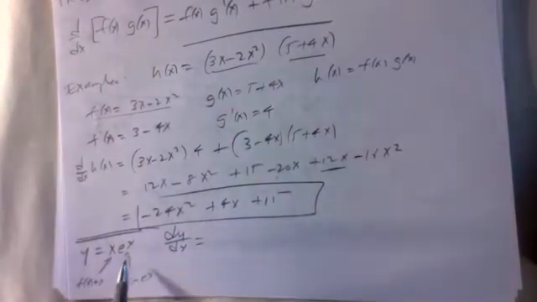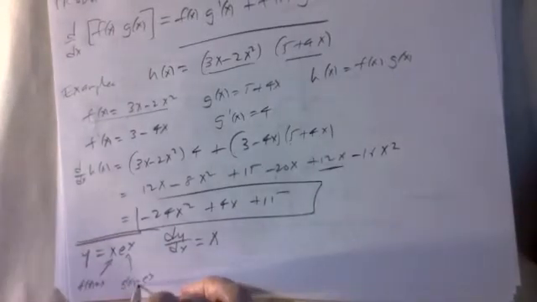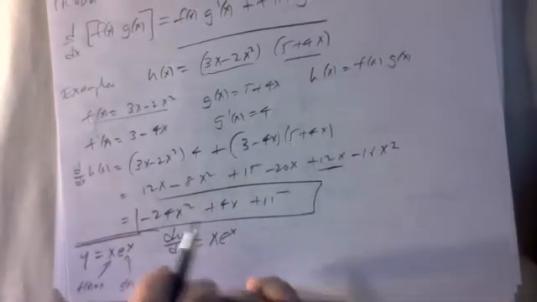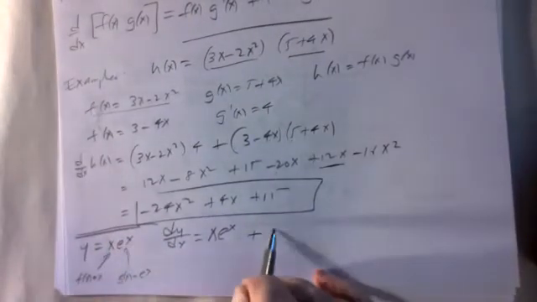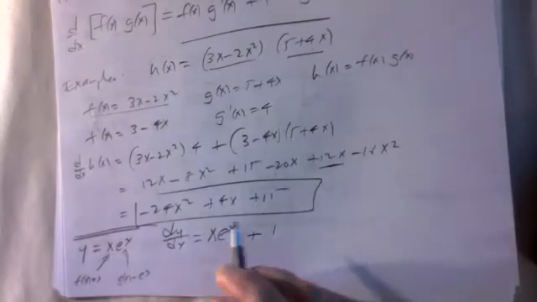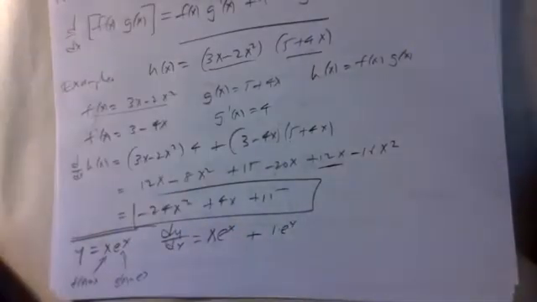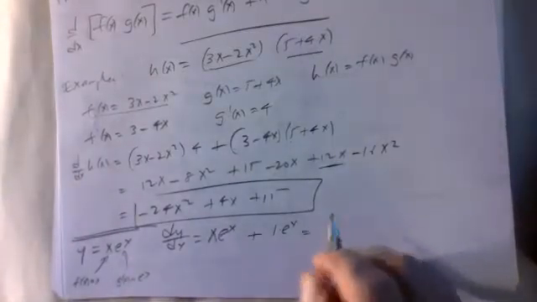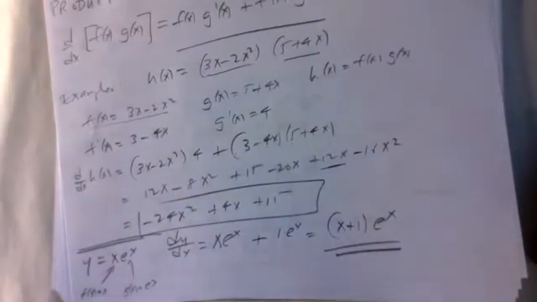So the derivative of the product is f, which is x, times the derivative of e to the x, which is e to the x, plus the derivative of x, which is 1, times g, which is e to the x. Or if you factor out the e to the x, you get x plus 1 times e to the x.